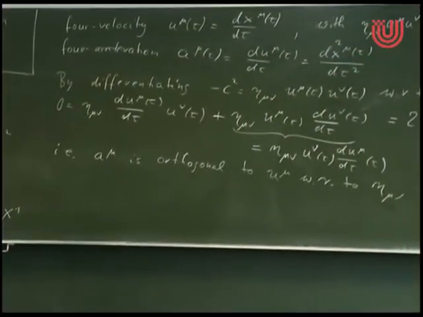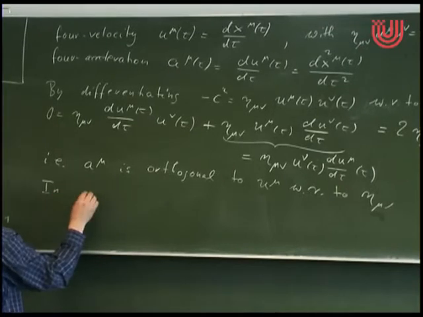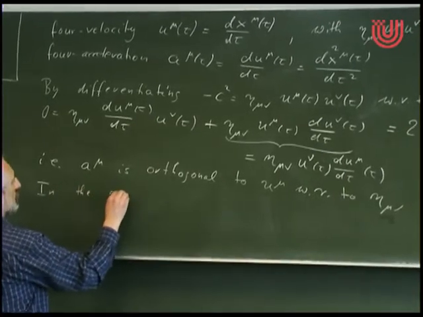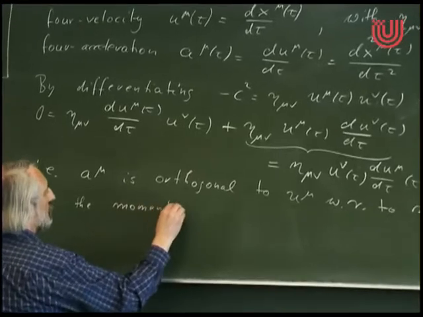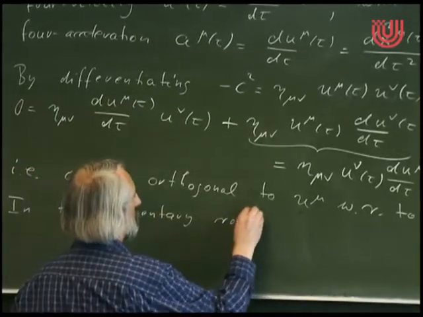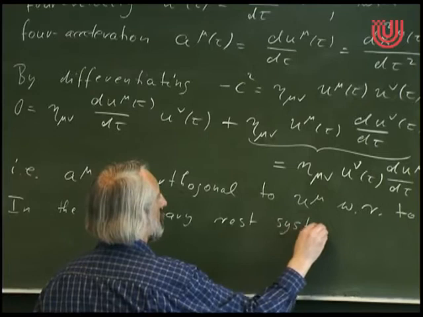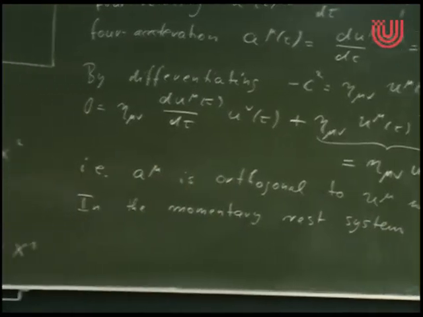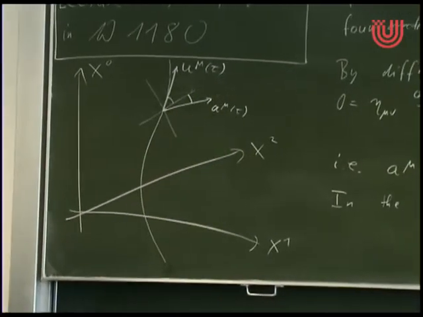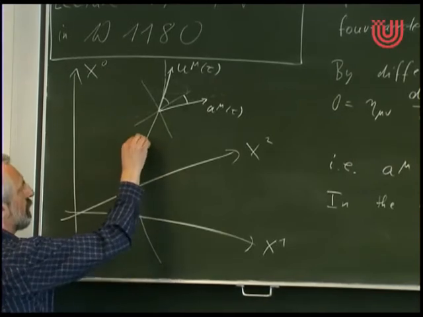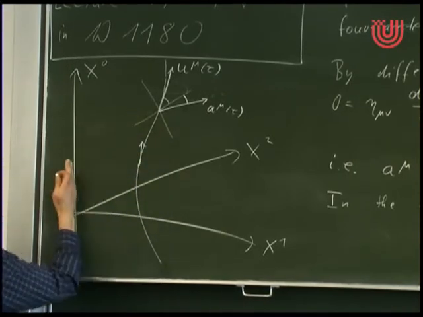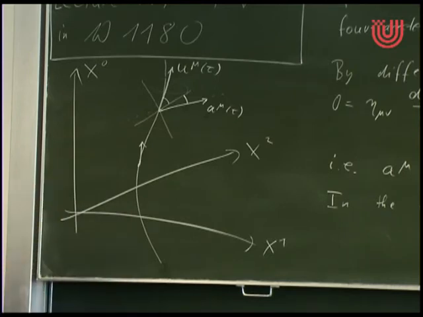This can also be seen in the momentary rest system. So that's a system where at one particular moment, I have to do this for every moment separately, the u mu is vertical. That's what we call the momentary rest system.